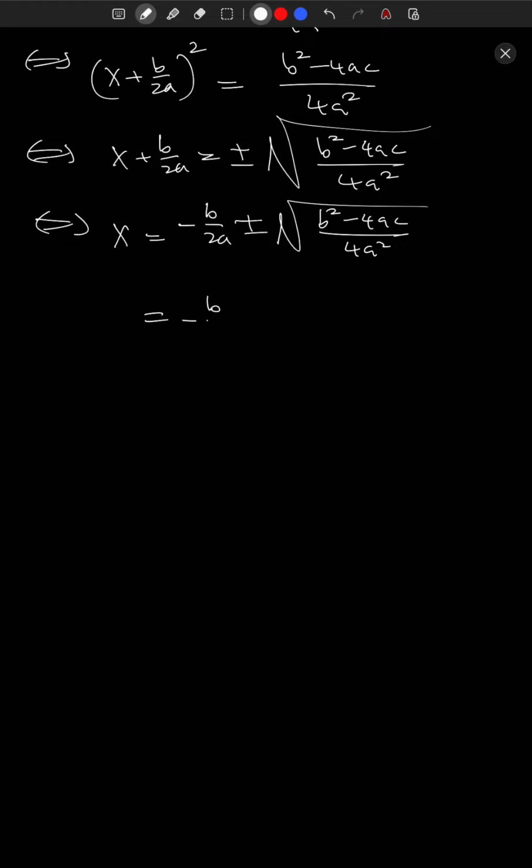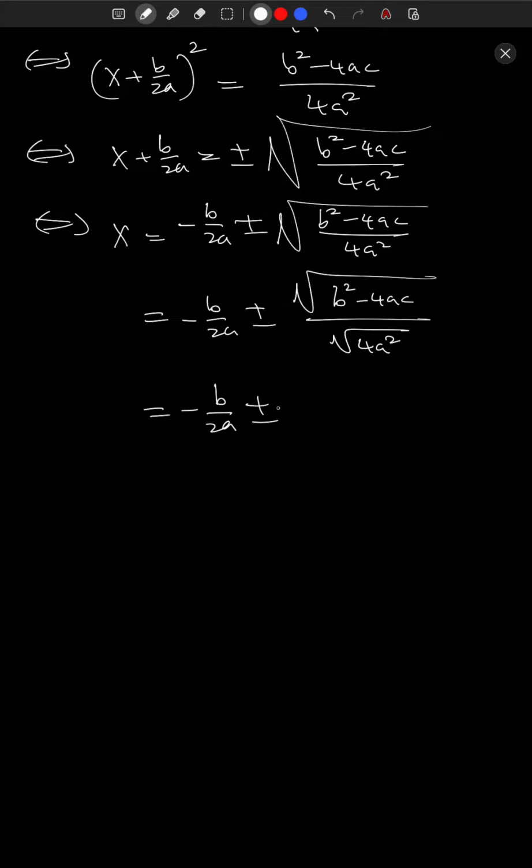So this is minus b over 2a plus or minus. Now notice this square root, I can break it into two square roots. Square root 4a squared. But square root 4a squared is just 2a, right? So this is minus b over 2a plus or minus square root b squared minus 4ac over 2a.